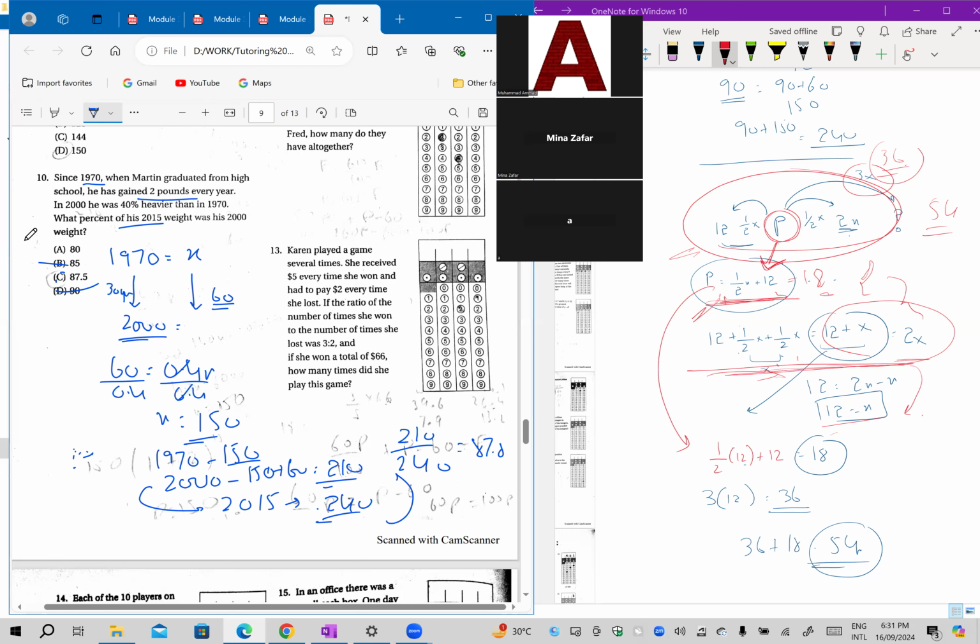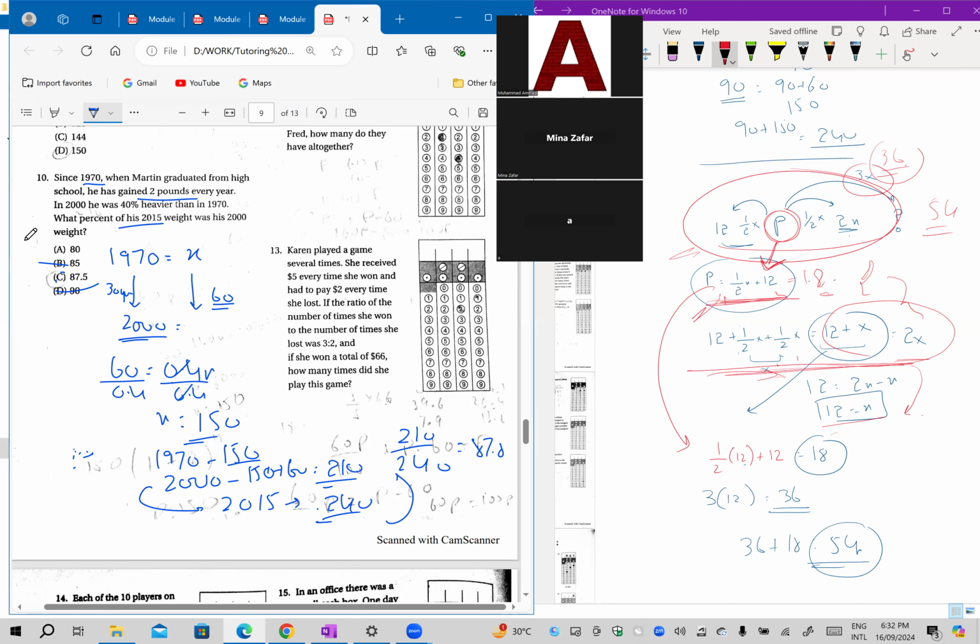Because he's gaining 2 pounds every year, I'm adding 2 pounds for each of the 15 years from 2000 to 2015. That means 30 pounds. So I'm adding 30 pounds to 210 pounds, which was the weight in 2000. Okay, 240 comes from here.